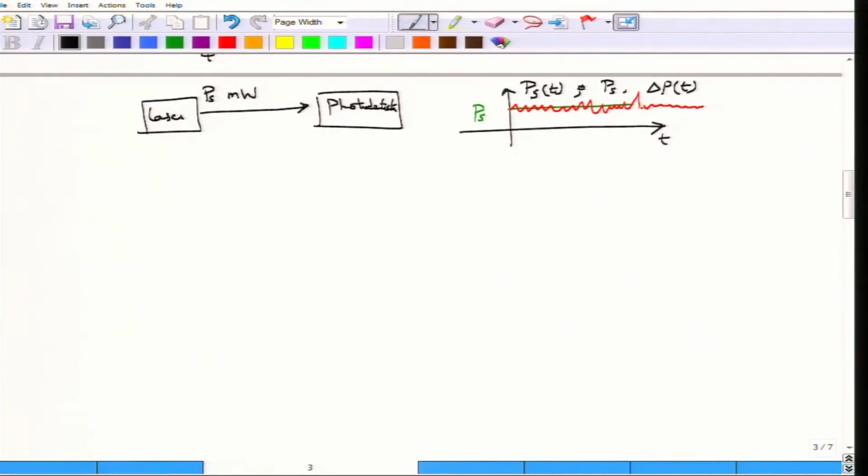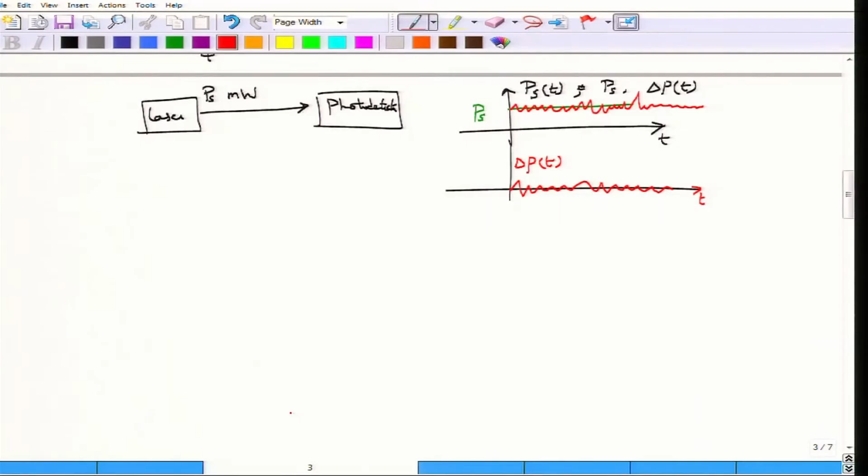The fluctuations are obtained by subtracting this green line from the red line. When you subtract the green line from the red line, the result has 0 average value. So, this is the fluctuation delta p of t that you would see as a function of time.